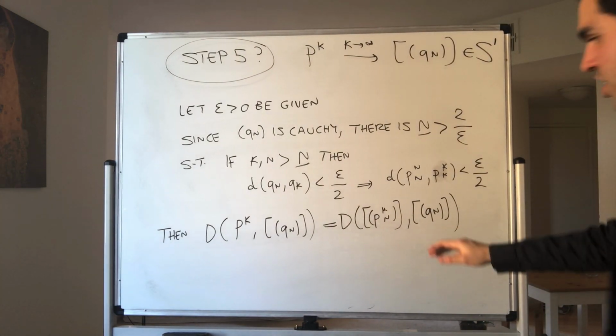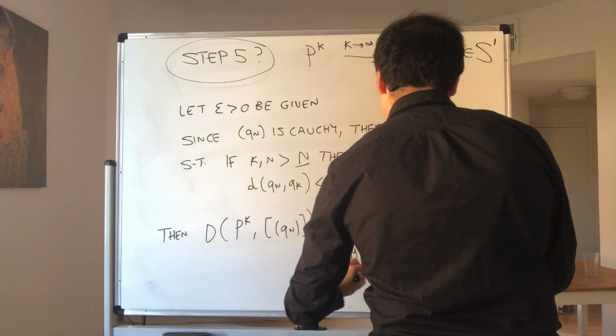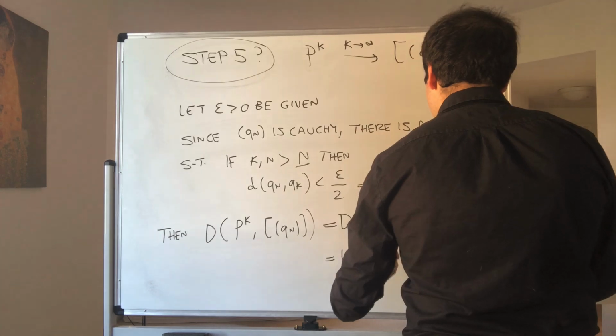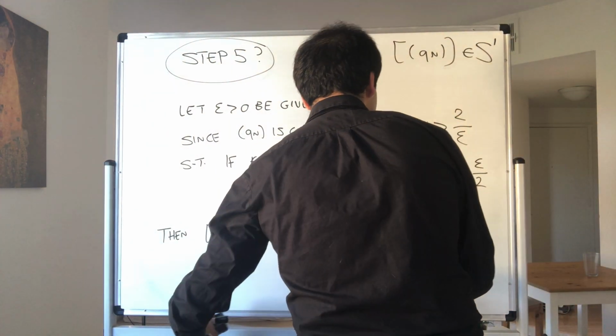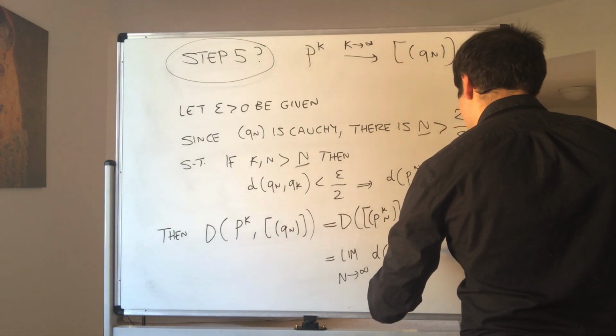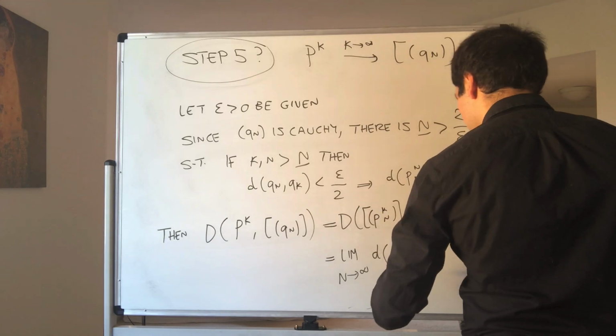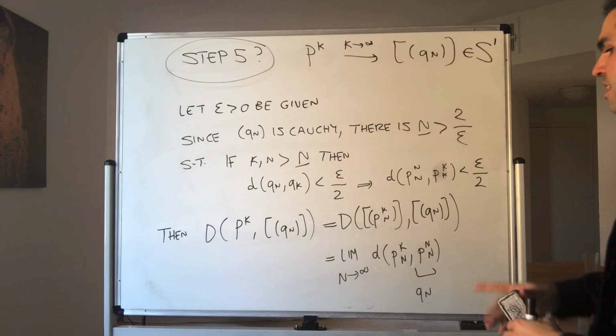And by definition, that's just the limit as n goes to infinity of the distance of PKN and Pnn. So that's just what Qn is by definition. And we want to show that this limit is 0.